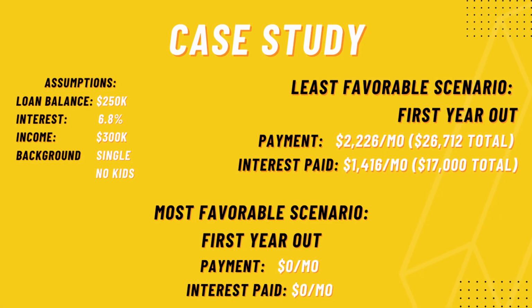And so if you look at it, on a $250,000 loan at 6.8% interest, so bear with me if this is kind of your situation, you're accruing about $1,400 per month on your loans, right? So that's a total of about $17,000 over the year that you're accruing on those loans. But remember, on the SAVE plan, they subsidize any unpaid interest.